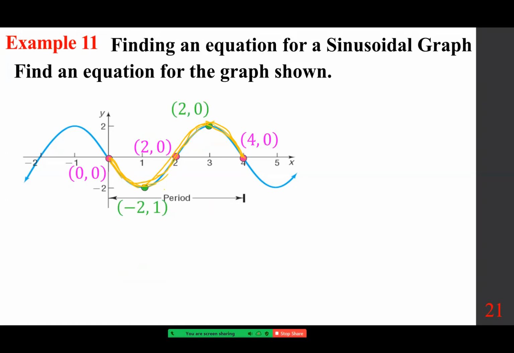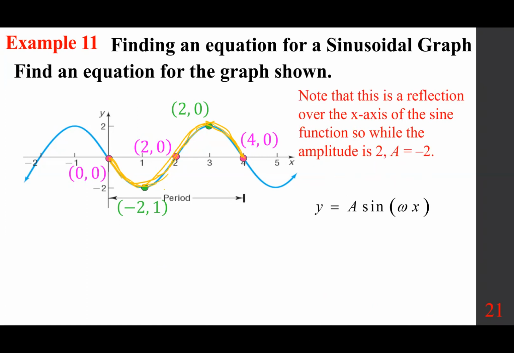So notice all of those numbers. So we use the sine, and it's a reflection over the x-axis. Remember, the sine is looking like that, everybody. This looks similar to that.